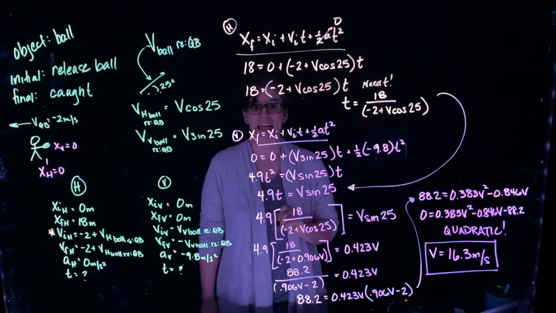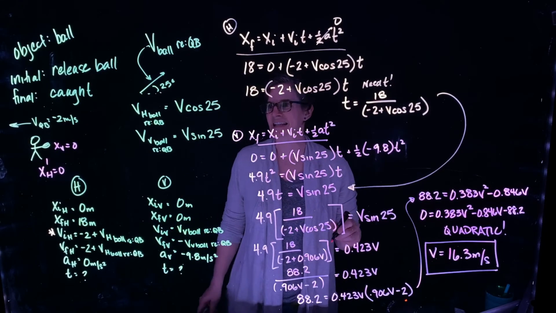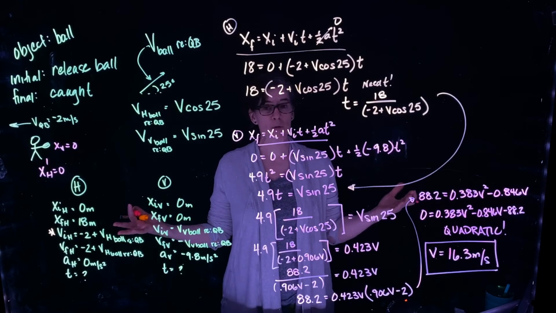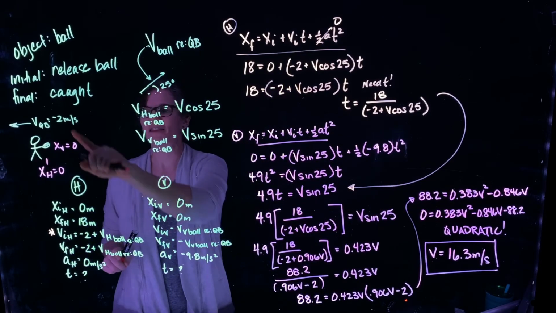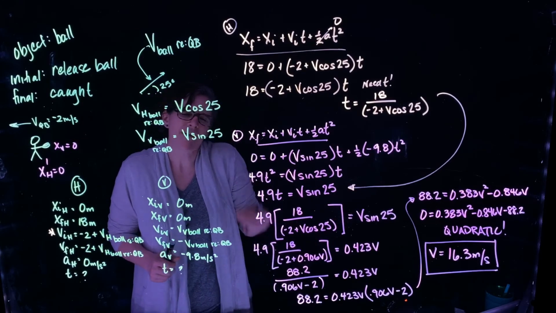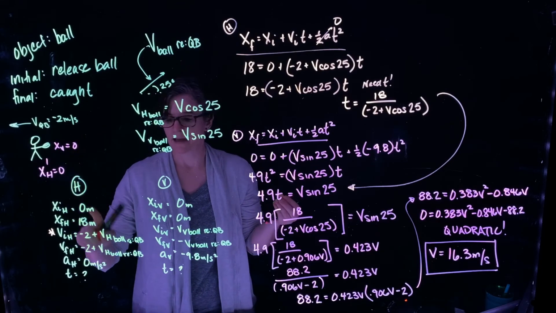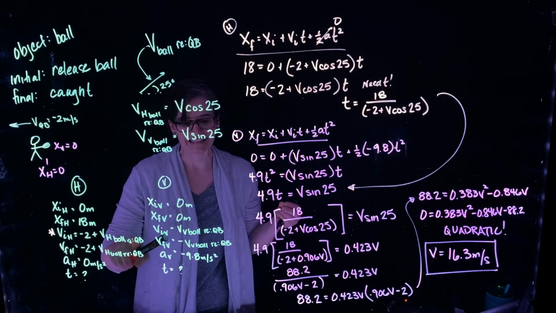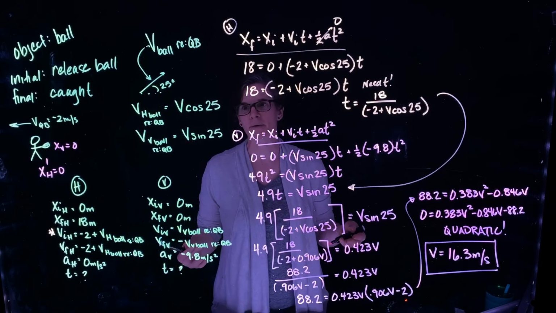All right, that's a fun problem. We have to consider a couple of things. It's not just a classic two-dimensional motion problem because we have to recognize this key feature, that the quarterback is moving when he throws the ball. So that's part of the overall velocity of the ball. It's added to the velocity the ball is thrown relative to that player.